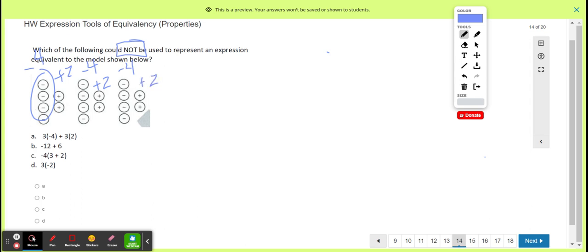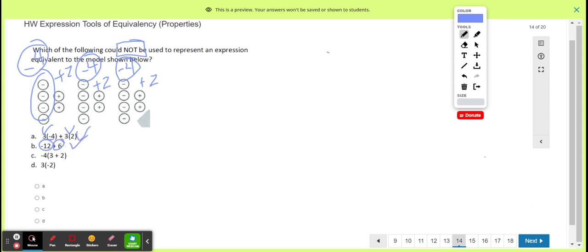That is something you can write down on your paper. So we have 1, 2, 3 groups of -4, 3 times -4, and then we have 1, 2, 3 groups of 2. So here we have -12 plus 6.